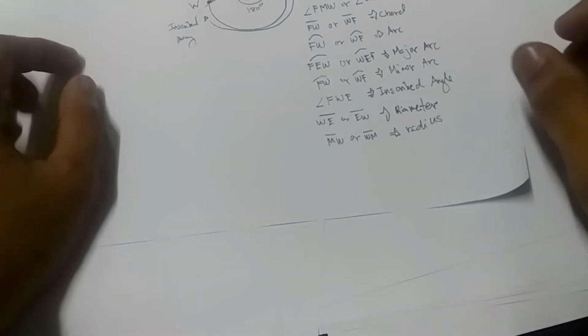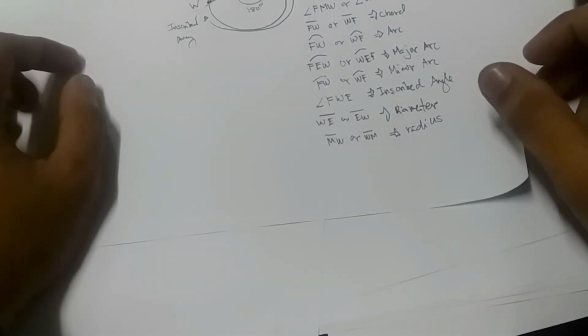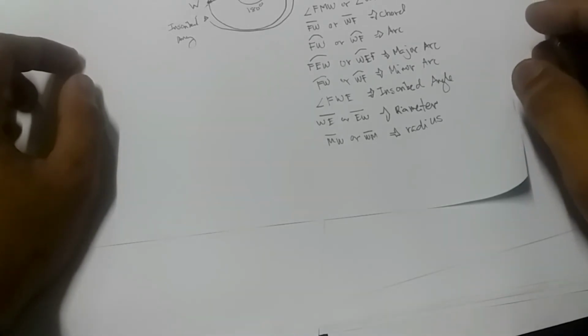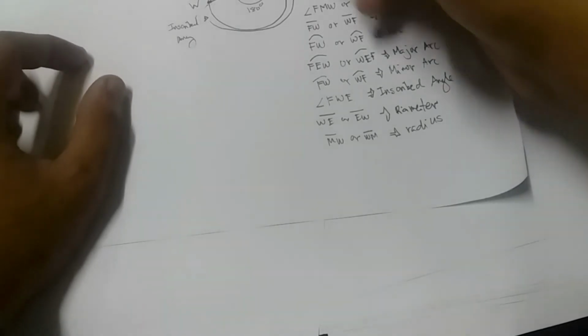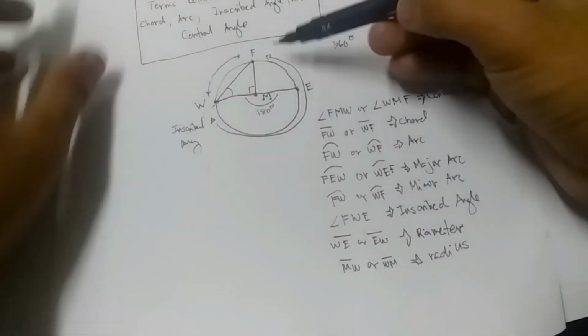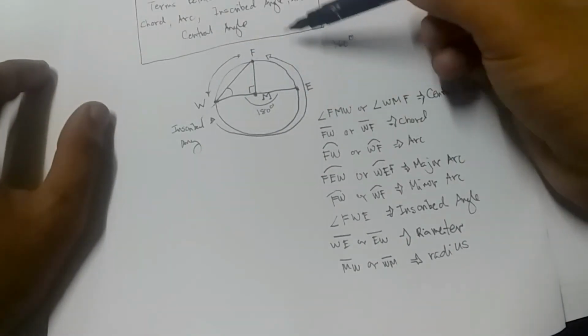Okay, by definition, an intercepted arc is an arc that lies in the interior of an angle and has endpoints on the angle. So in the given circle we have lots of intercepted arcs.